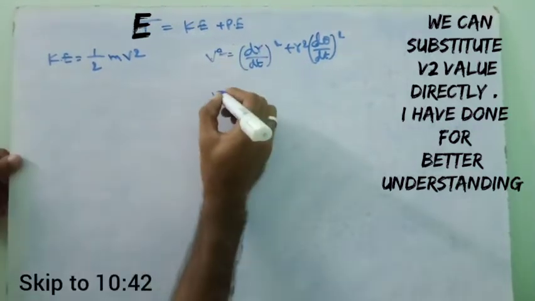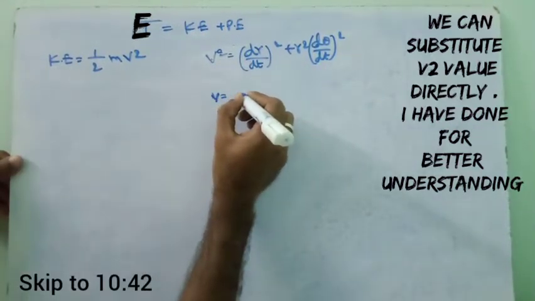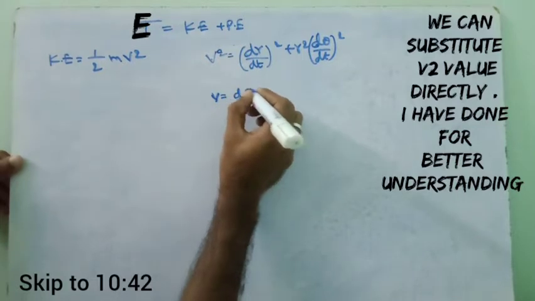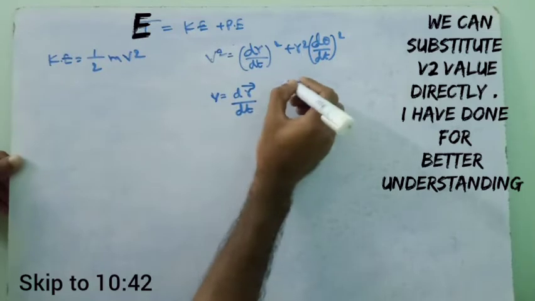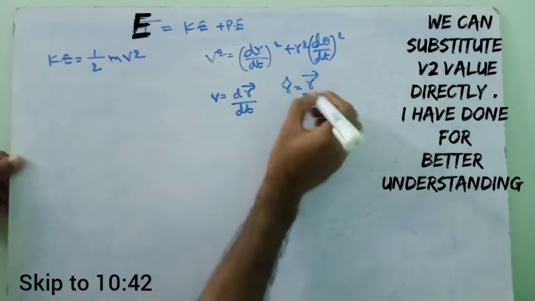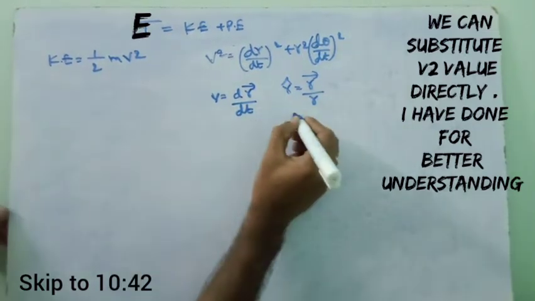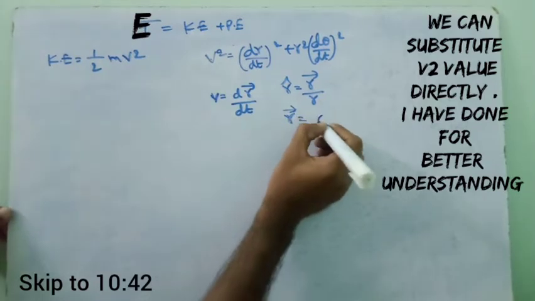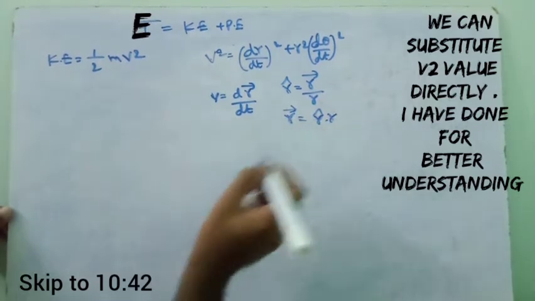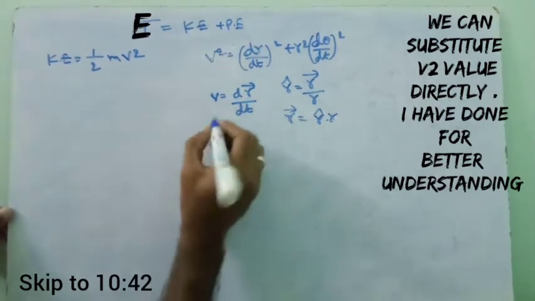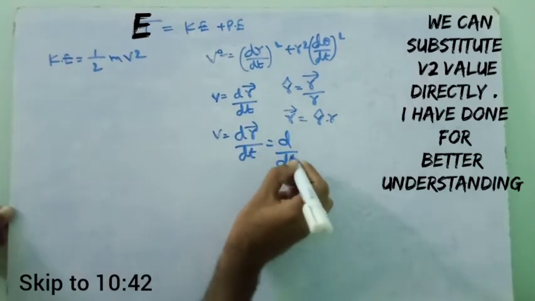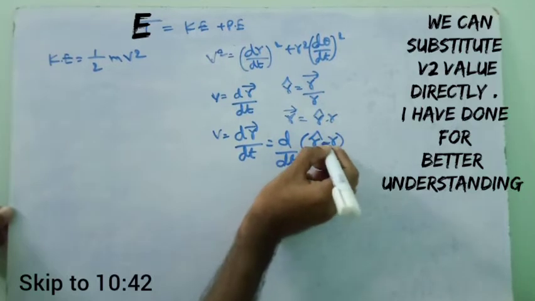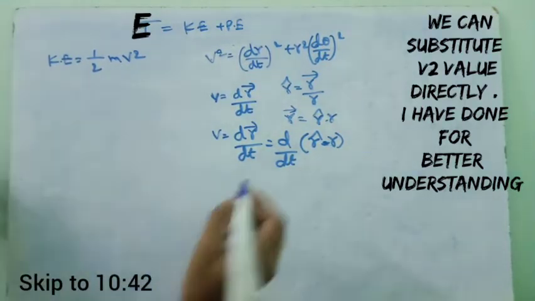Here v means velocity, the rate of change of the radius vector with respect to time. We know that the unit vector r cap is equal to the radius vector by r, so the radius vector is equal to the unit vector into r, the magnitude. Substituting, v is equal to d r vector by dt, which is d by dt of r cap times r, in u into v form.